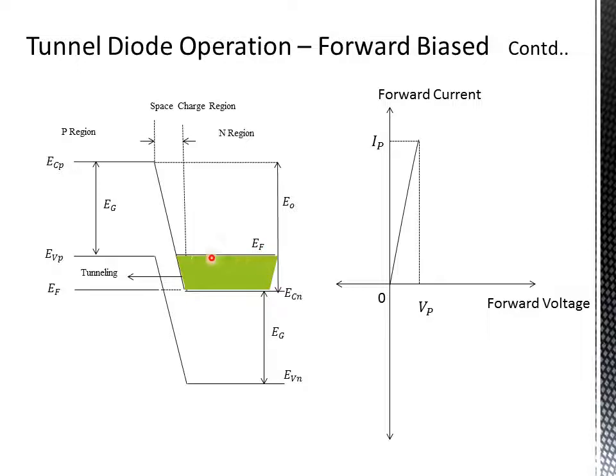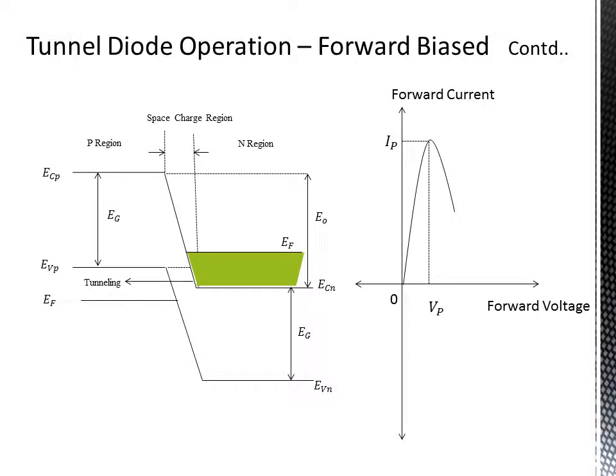It reaches the maximum level when it equals the valence band energy level in the P region. In this situation we obtain the maximum tunneling current, which is represented as peak tunneling current IP, obtained at the forward voltage Vp.